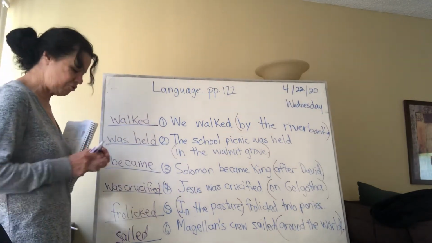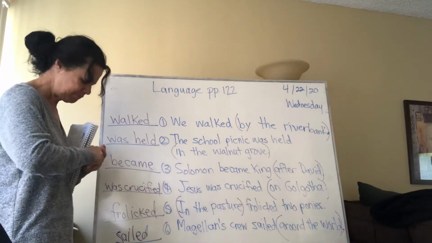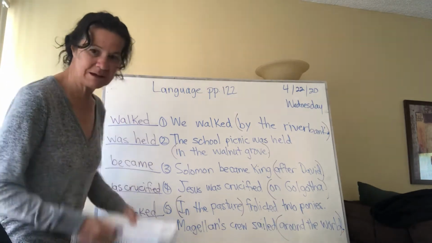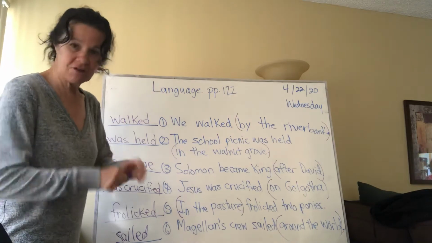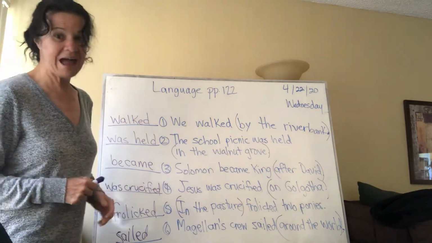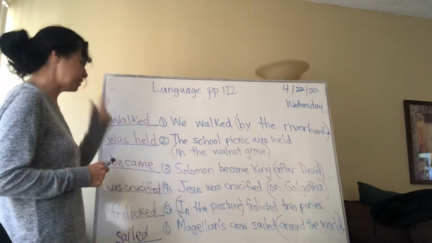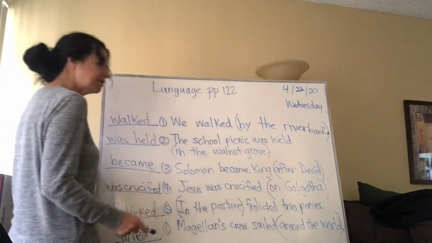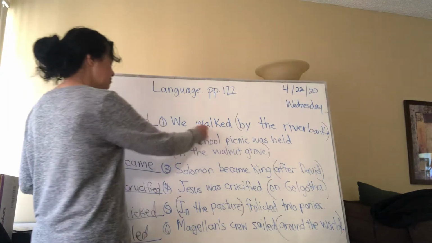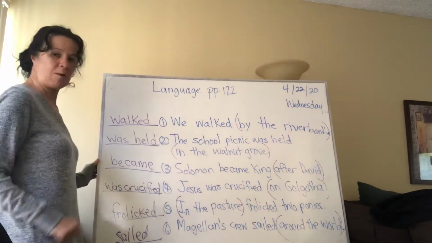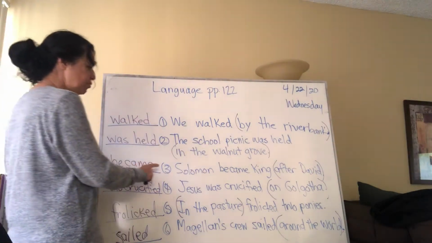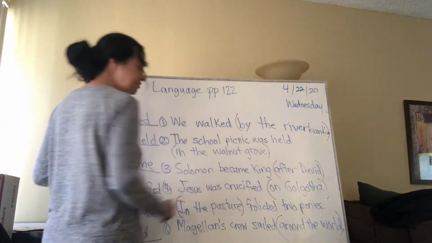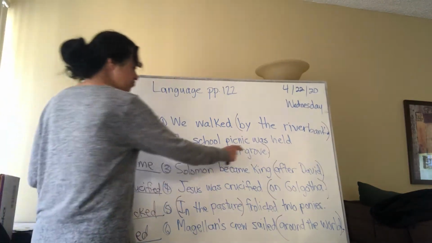All right, so let's go through this one more time. In this particular lesson, our prepositional phrases are being served as adverbs, giving us details about the verbs. So in number 1, our prepositional phrase was by the riverbank. By the riverbank is giving us details about walked. So we write walked in the blank. Number 2, our prepositional phrase is in the walnut grove. In is our preposition.